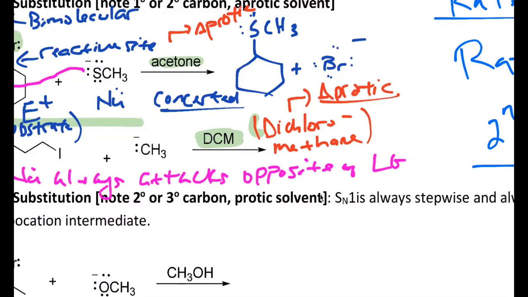That word sounds a little bit complicated, but it's actually not. What it means literally is no H plus. It cannot donate H plus, right? So acetone is aprotic. I have a list in this package too. DCM is aprotic. Let me see if I can find it.